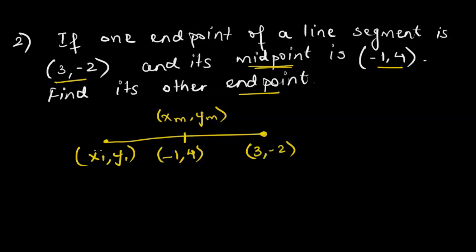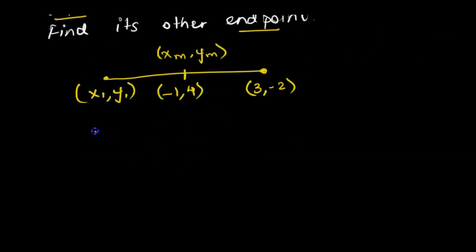Now, how do we work in the opposite way to get the other endpoint? We know the formula for the xm coordinate is x1 plus x2 divided by 2. However, in this particular question, we are given xm, that is this, and we're given x2, that is this. We are looking for the x1 value, so we would substitute the givens first.